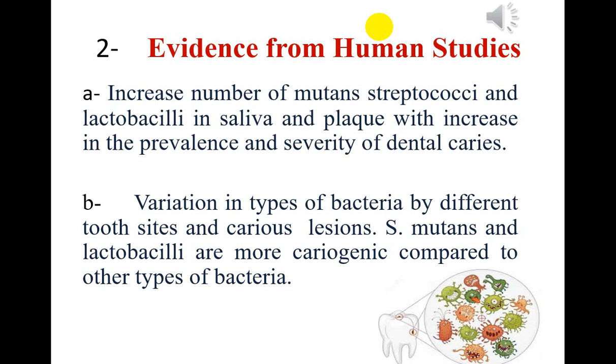Similar to animal studies, a variation in types of bacteria according to tooth sites has been reported. And from human studies, it has been found that S. mutans and lactobacilli are the most cariogenic bacteria compared to other types of bacteria in the oral cavity.